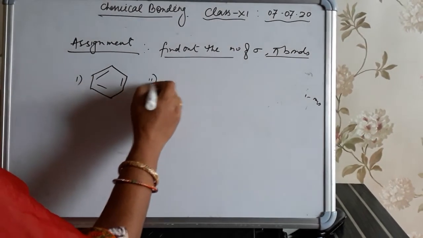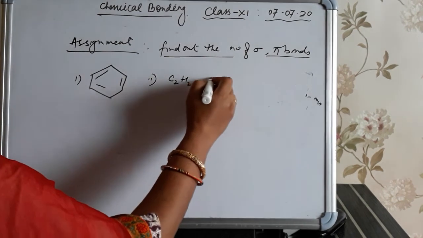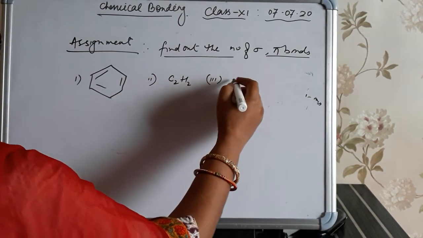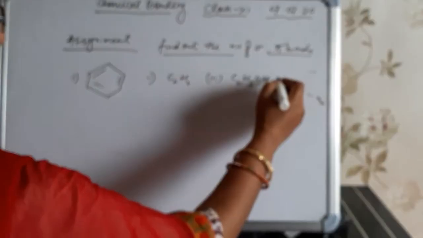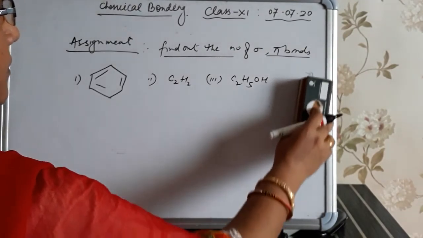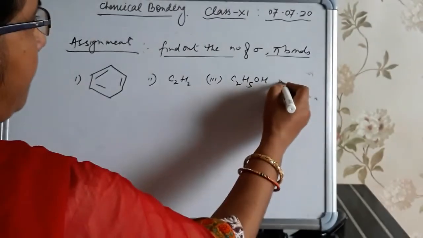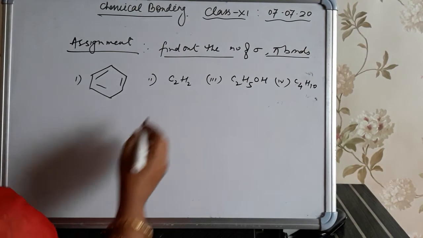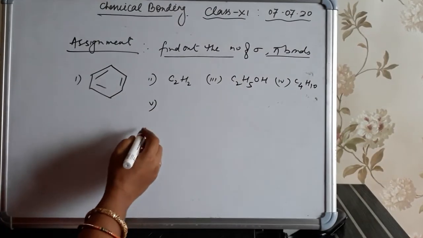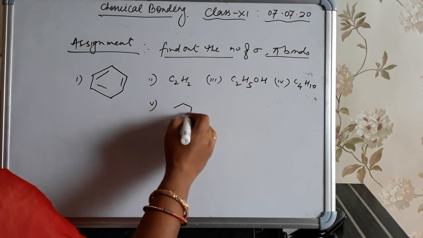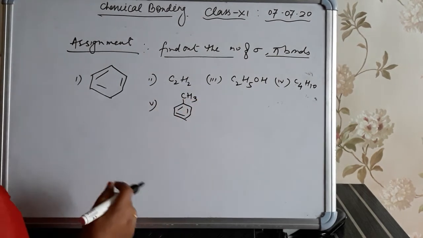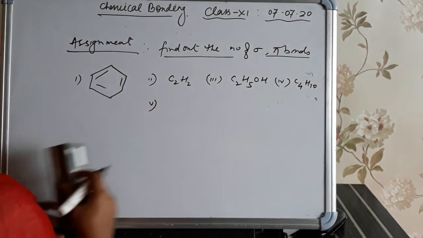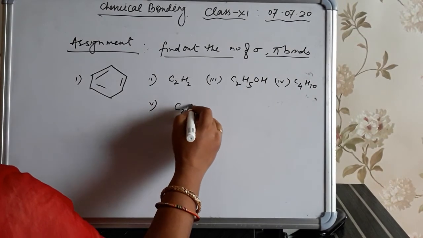Number 1, benzene; number 2, C2H2; number 3, C2H5OH; number 4, C4H10; number 5, CH3, or simply C2H4.